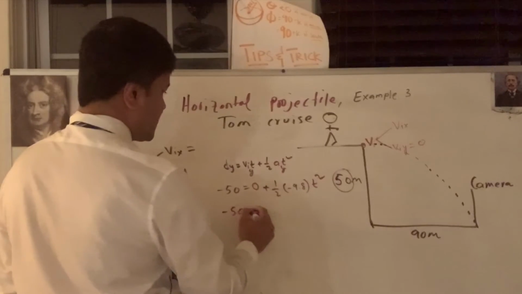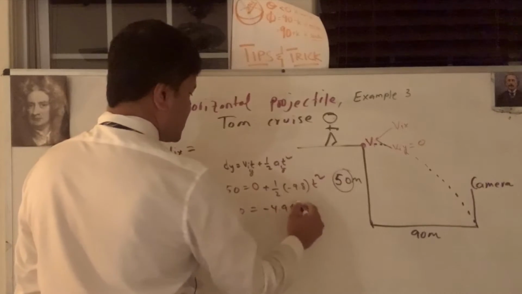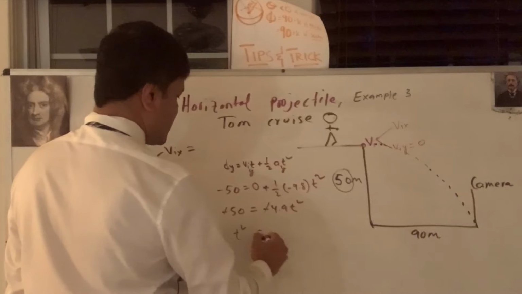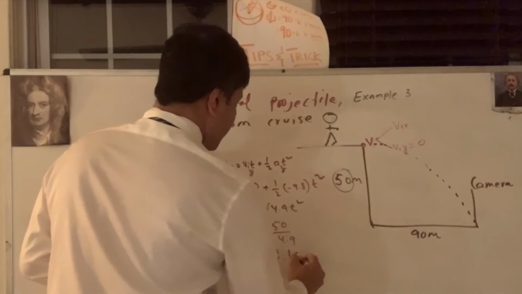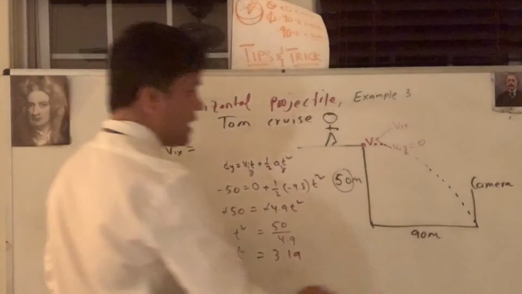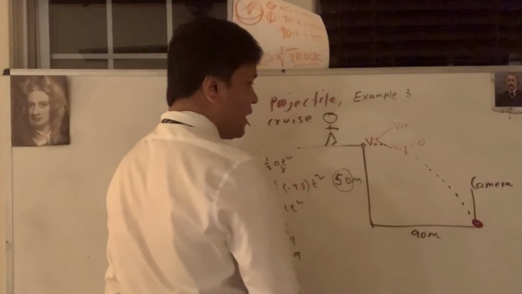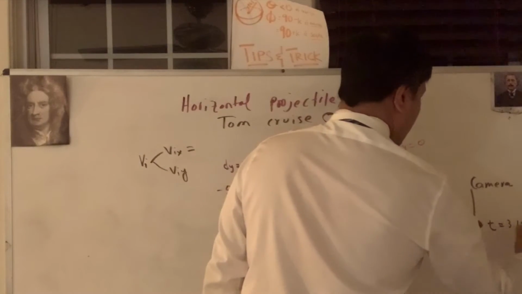So minus 50 is equal to negative 4.9 t square. Negatives cancel, so t square is 50 over 4.9. So the elapsed time is 3.19. So at location 2, just before Tom Cruise hits the ground, the time is 3.19.